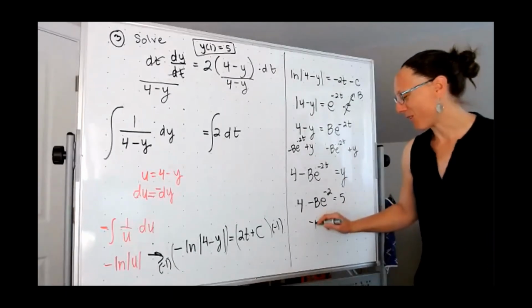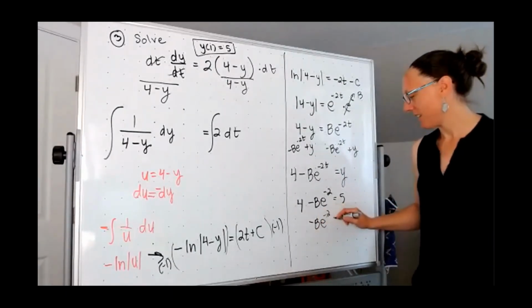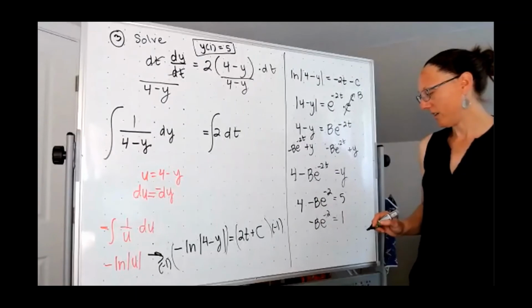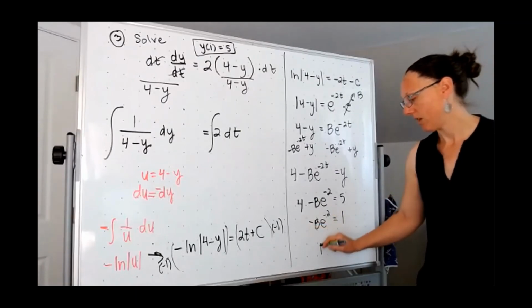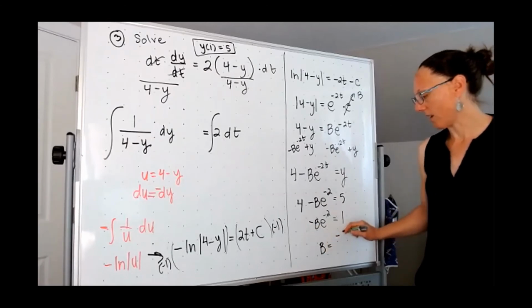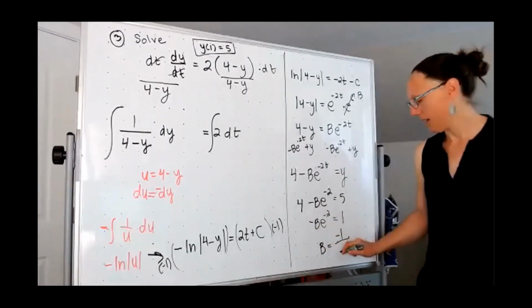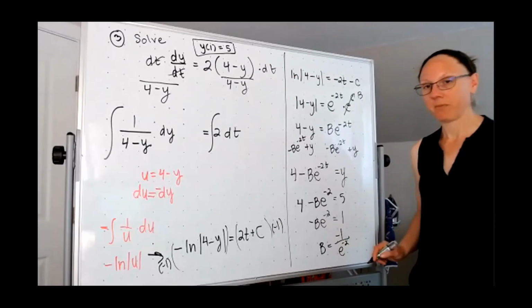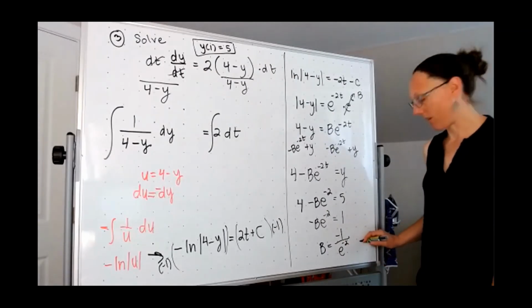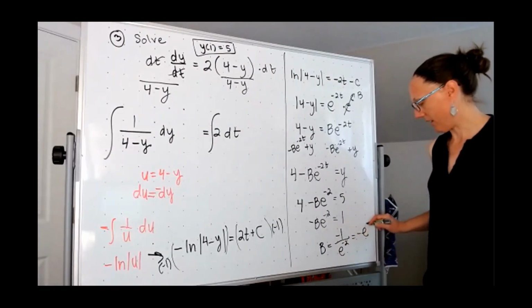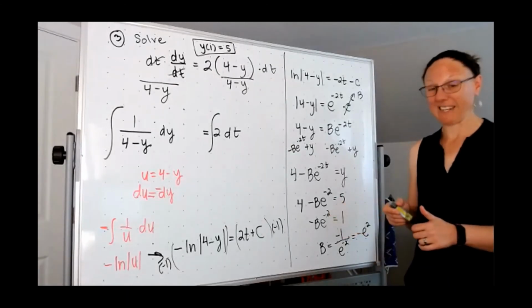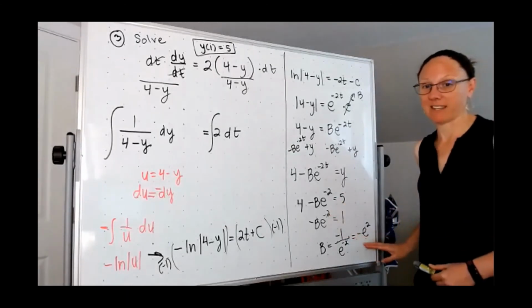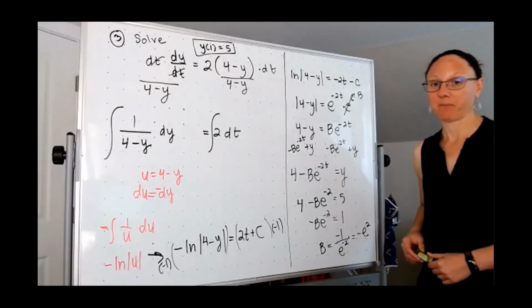So if I subtract 4 from both sides, I'm left with a 1, and then I'll divide by negative e to the negative 2 and get b equals negative 1 over e to the negative 2. And this, I'm going to be clever and rewrite as negative e squared. We don't have to do that step. I just think it's a little bit easier if I had to type this into WebWork.